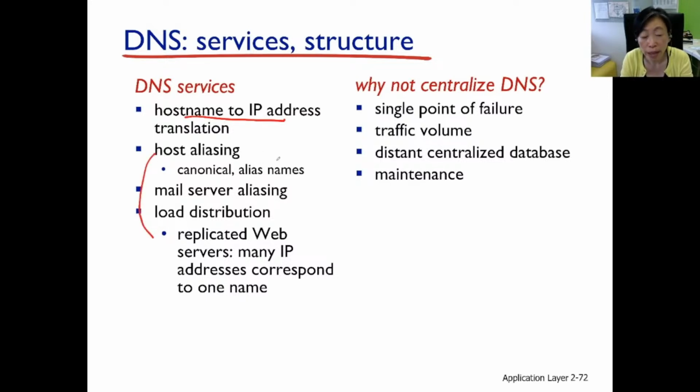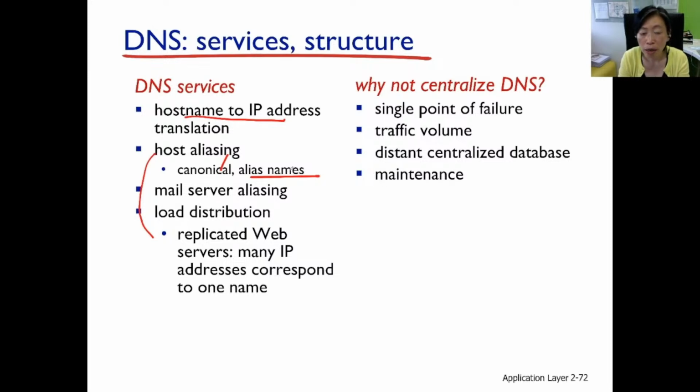First is host aliasing. What often happens on the internet is that some hosts come with host names that can be slightly longer, indicating where it is or which one of it, number 1, number 2, number 3. Those can be harder for users to memorize. So the alias name is often cute, short, and very easy to memorize.